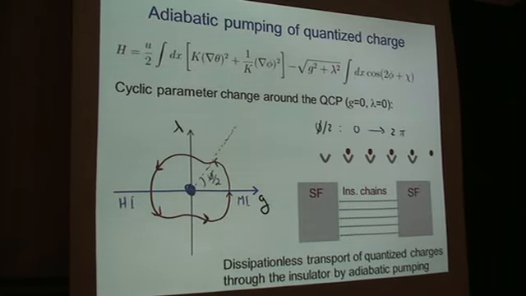And there is another very simple limit where you can see that. The other simple limit is when k equals 1, you can refermionize this model and solve it as a model of free fermions. It turns out to be exactly equivalent to the Thouless model, where Thouless for the first time showed pumping of free fermions in a dimerized chain. And that turns out to be exactly the model you get when k is equal to 1 and you refermionize the model.